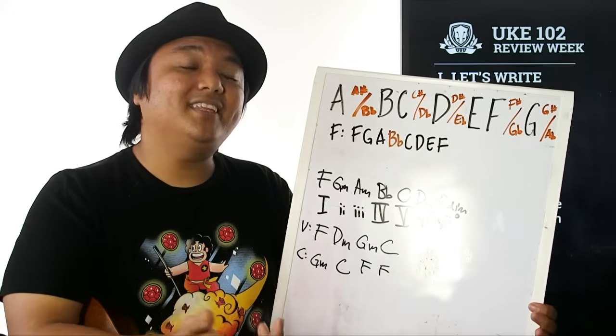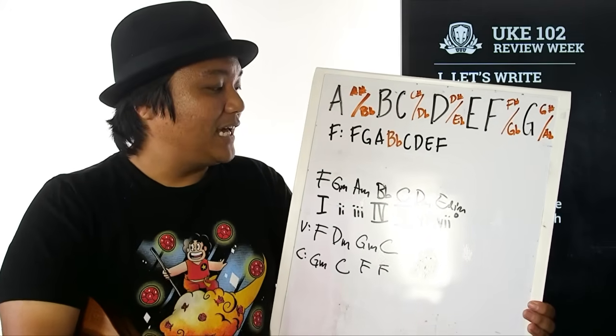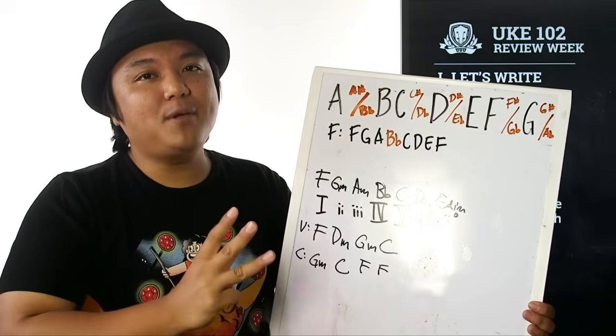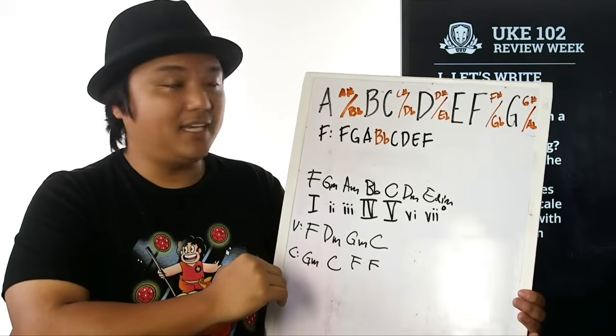There's only one key that has those 3 major chords, and that is the key of C. So if you can figure out 3 major chords or 3 minor chords, you can figure out what key you're in.